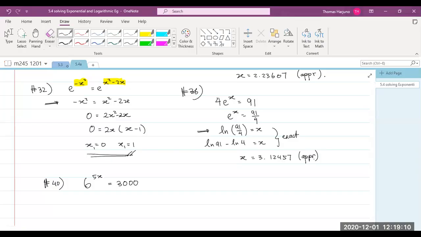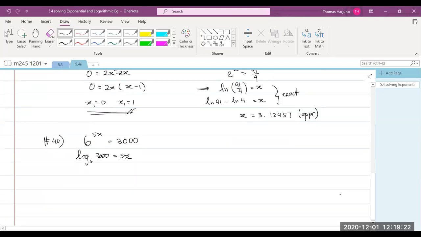So I apply log base 6. Log base 6 of 3000 equals 5x. Then divide by 5. x equals 1/5 of log base 6 of 3000. Now that is my exact form.